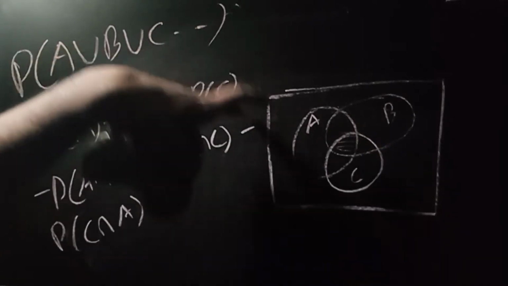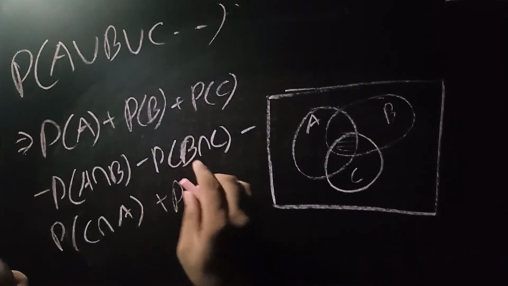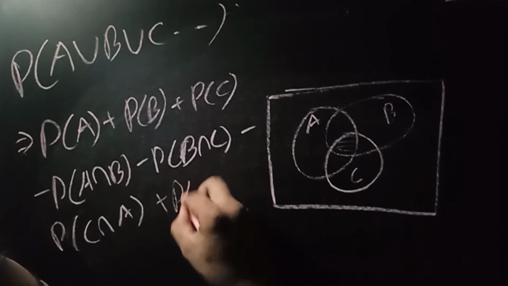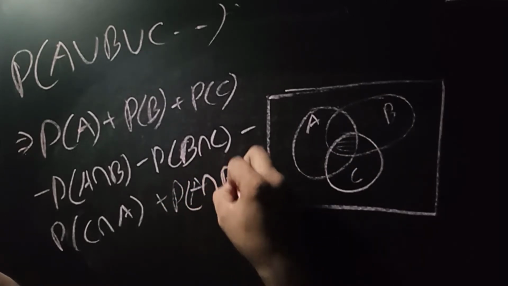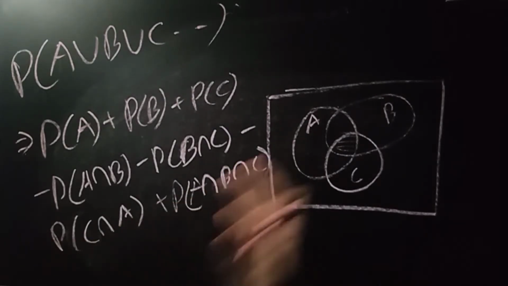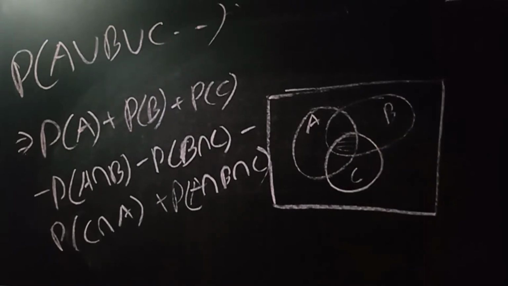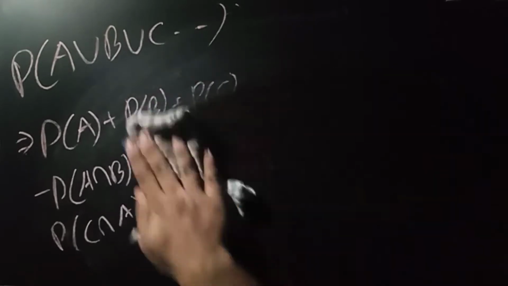This equation does not contain the middle region, so we'll just add P of A intersection B intersection C, and that's the formula. You do not need to memorize it. In any case, you can just draw this diagram or imagine it in your head, and all the formulas will be there. That's basically it.